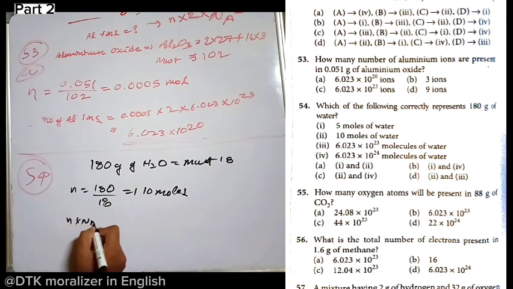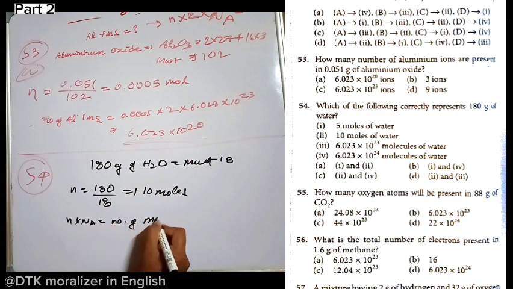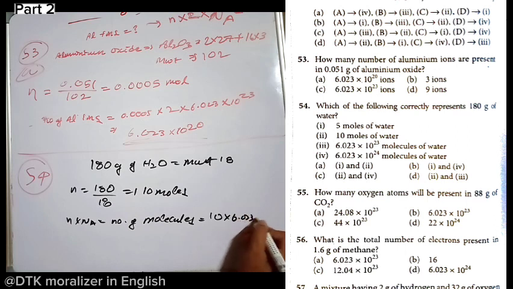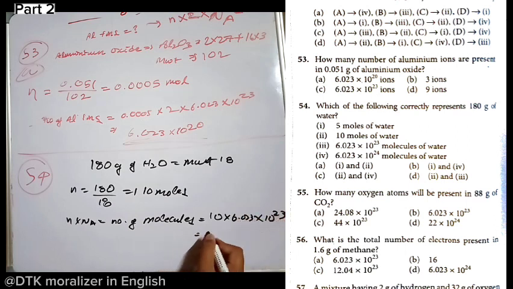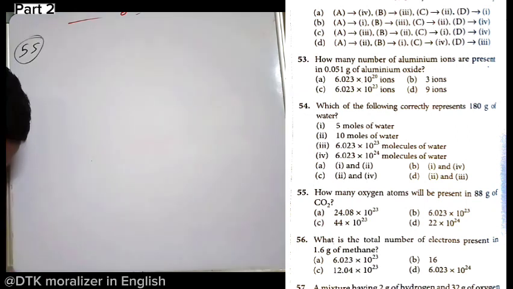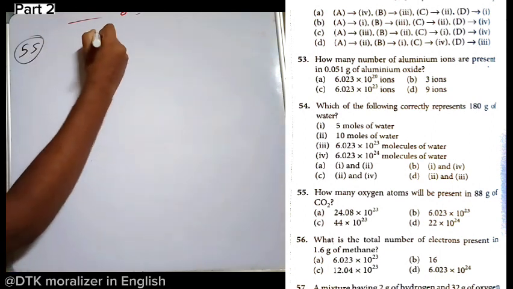Number of molecules is mole into Na, so 10 into Na, which is equal to 6.023 into 10 power 24. So here option C is right.